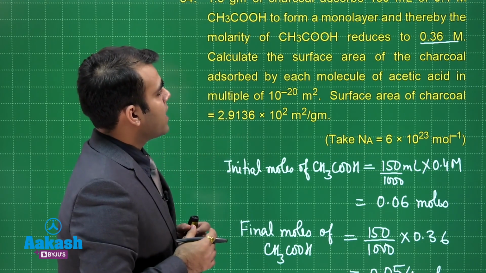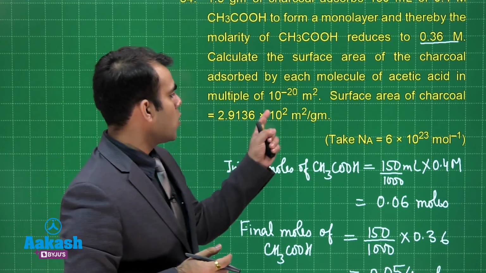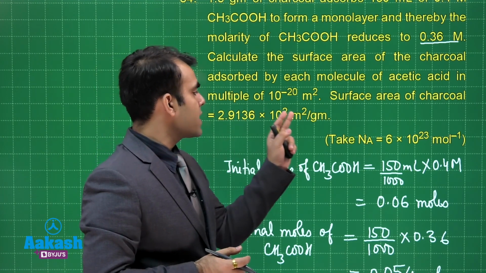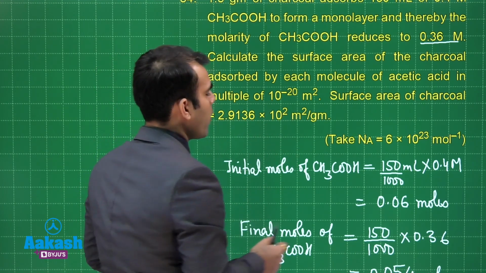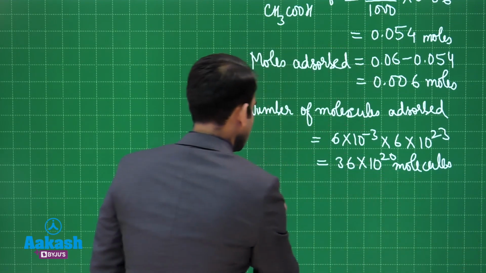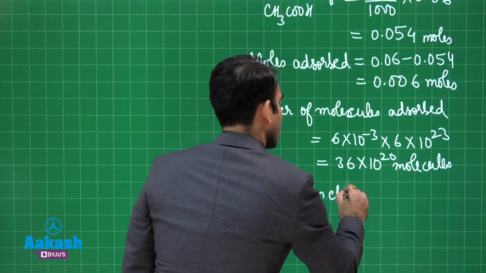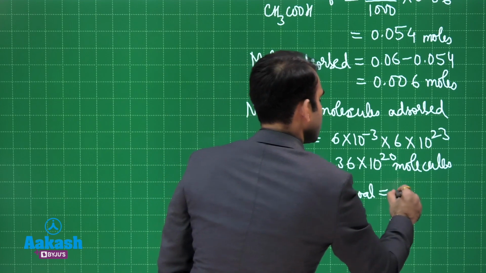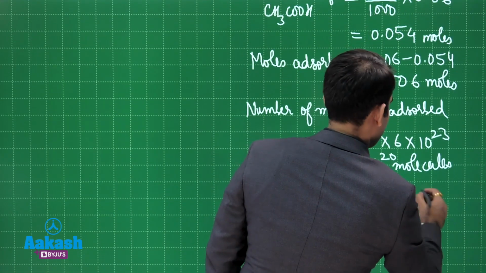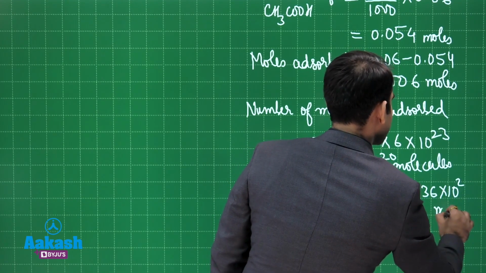Now the mass of charcoal that has been given to us is 1.5 gram, and we know that the surface area of 1 gram of charcoal is 2.9136 into 10 to the power 2 meter square.